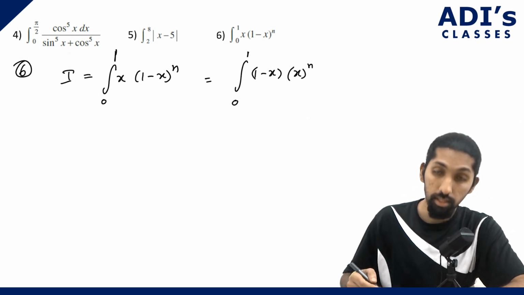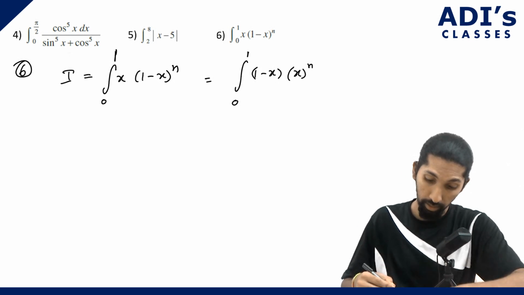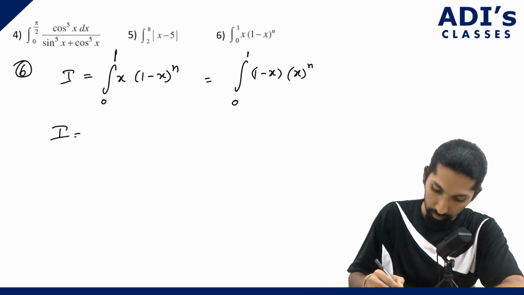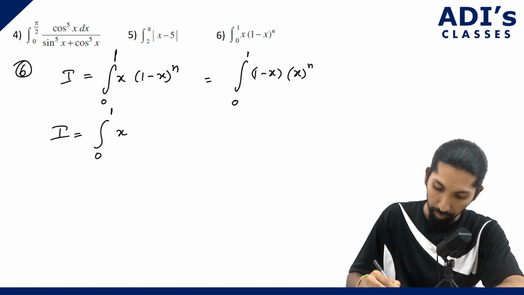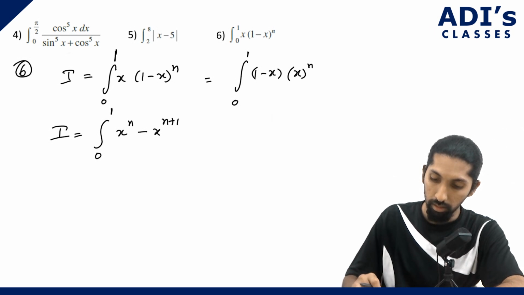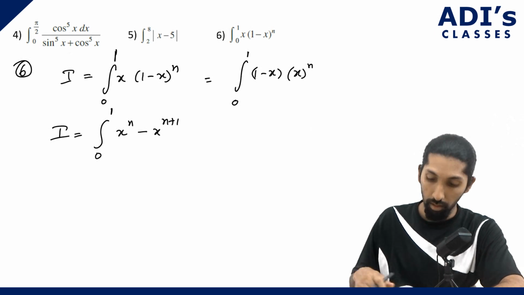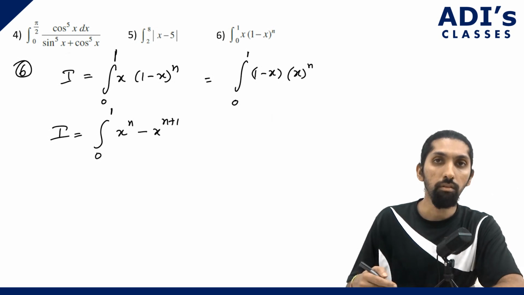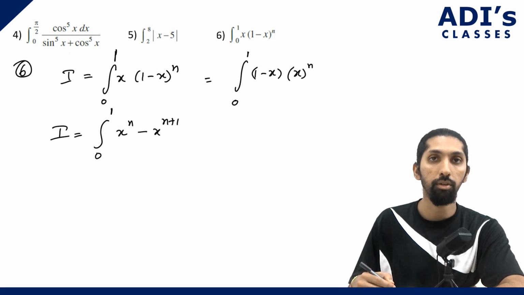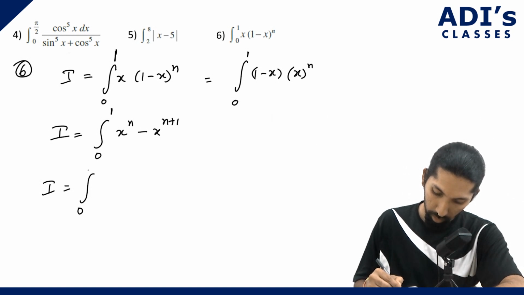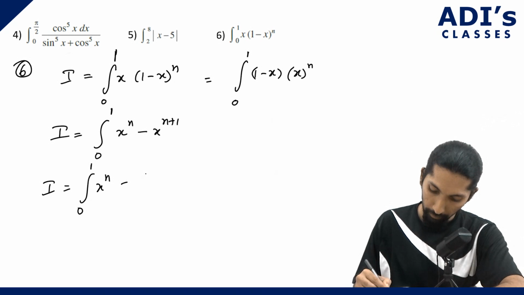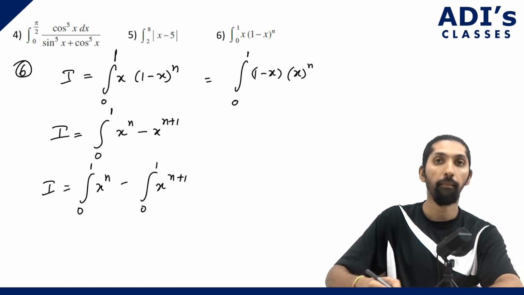Now what we do is, see, multiply this value in the sense I is equal to 0 to 1. See, when you multiply, you'll get x to the power of n minus x power n plus 1. Isn't it? Very, very simple. Now split and integrate, so much easier to do.